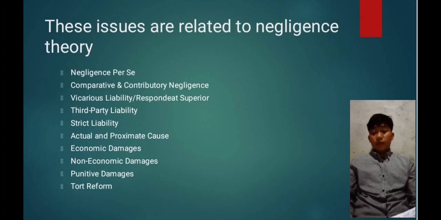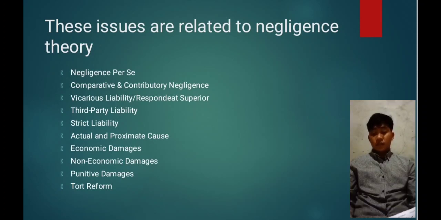Number 5, strict liability. It is a standard of liability under which a person is legally responsible for the consequences regardless of fault or criminal intent on the part of the defendant.